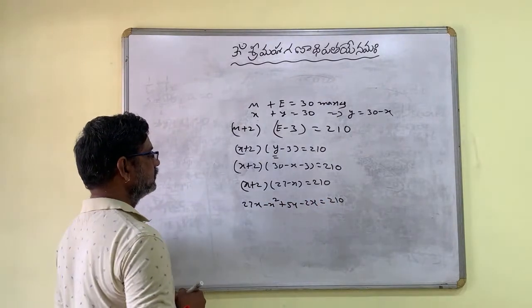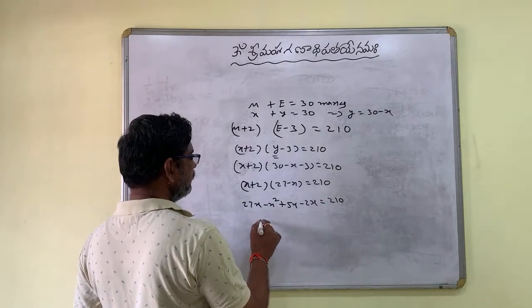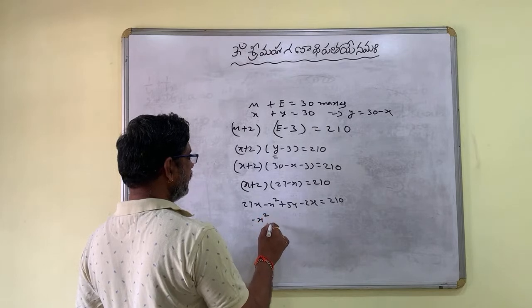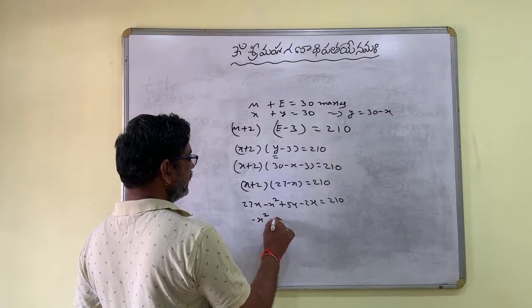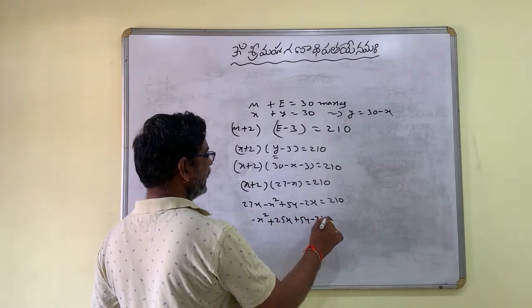Now, if you simplify this, what do you get? Minus x square plus 25x plus 54 minus 210 is equal to 0.